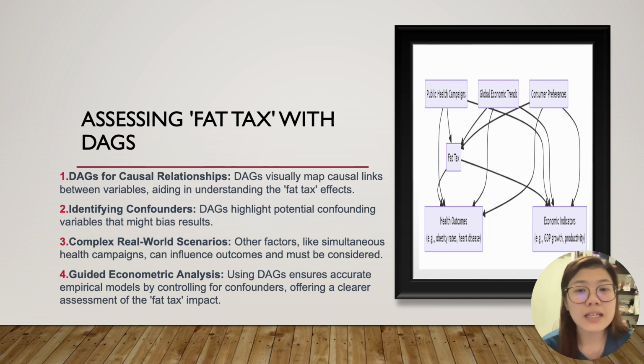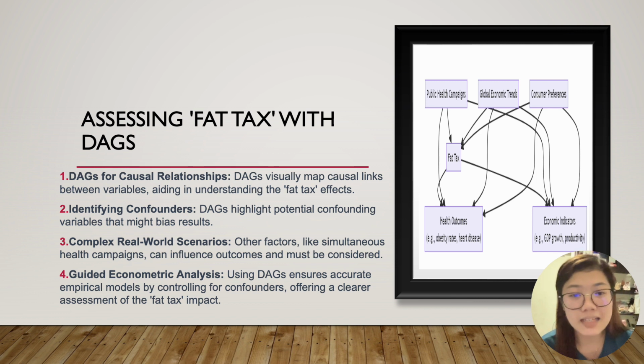We can now use the econometric model, which has a directed acyclic graph, to provide a visual representation of the causal relationships between variables. When assessing the impact of a fat tax on health and economic growth, a DAG can help identify potential confounders and guide the econometric analysis.